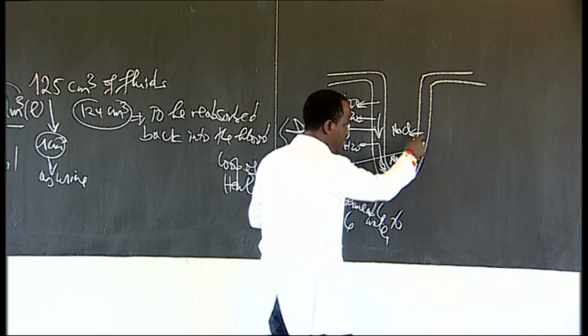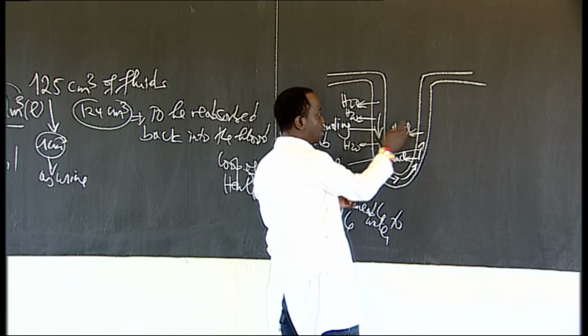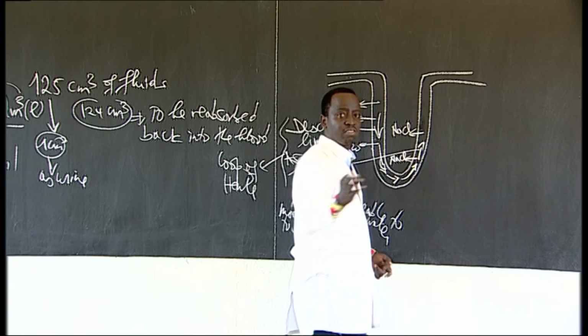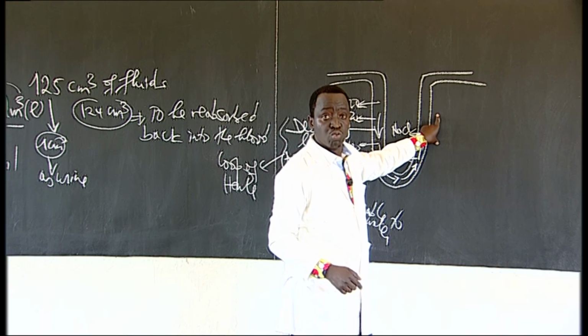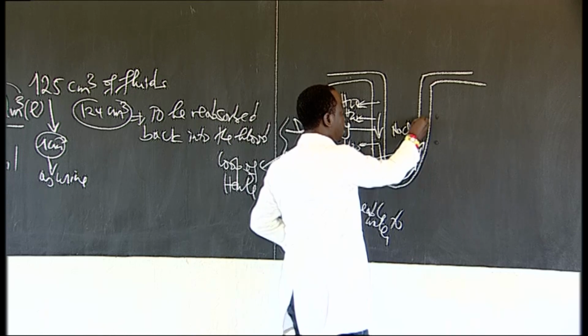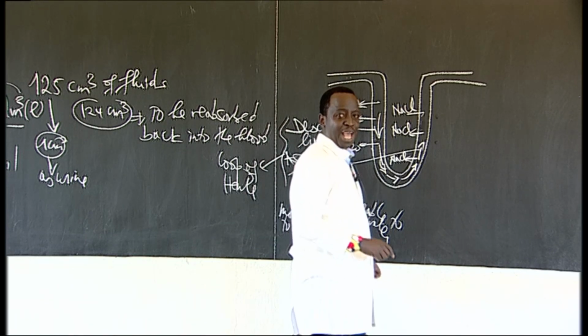Then water remains here. Water remains on this side because this ascending limb is what? Impermeable to water. And then the salt continues to be removed out. Are you getting this?